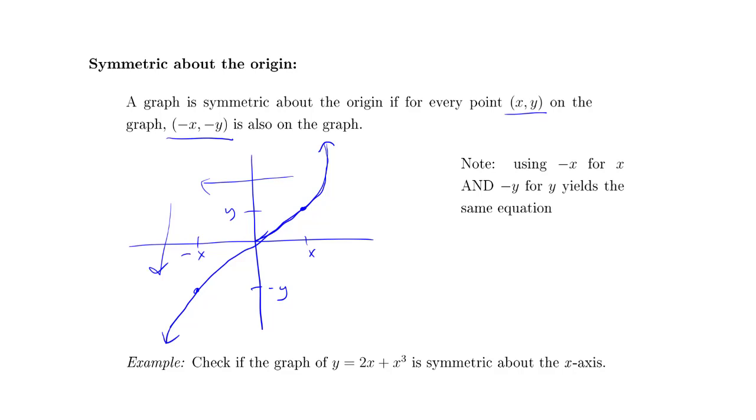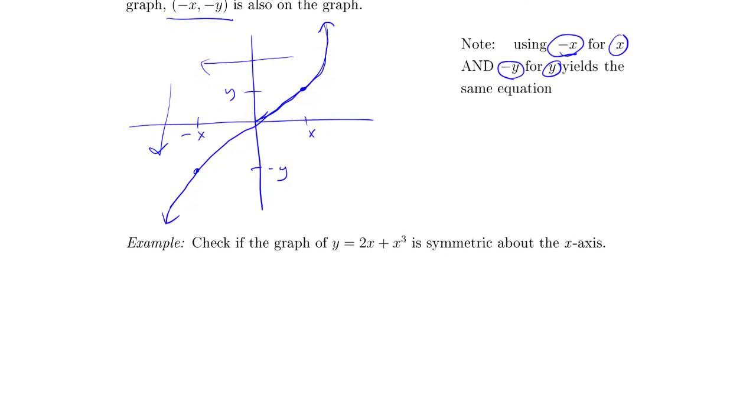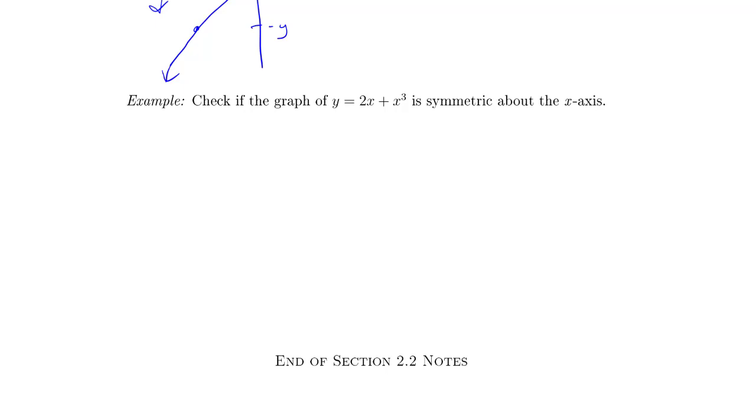All right, so back to symmetric about the origin. I'm going to use negative x for x and negative y for y at the same time and see if I get the same equation. For example, y equals 2x plus x cubed. Is it symmetric about the origin?